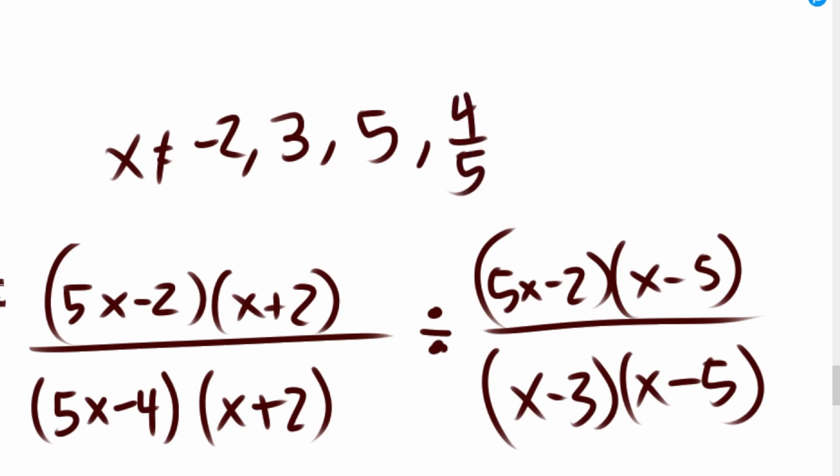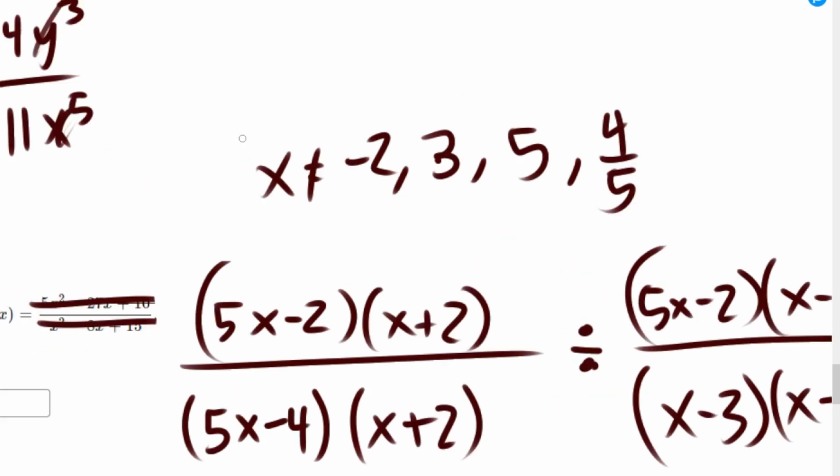But I'm going to check in Lumen because I am not 100% confident on that, and I just want to be very sure. Hold on, let me open that up. Okay, so negative 2, 3, 5, 4/5. Let's try that. Okay, yeah.